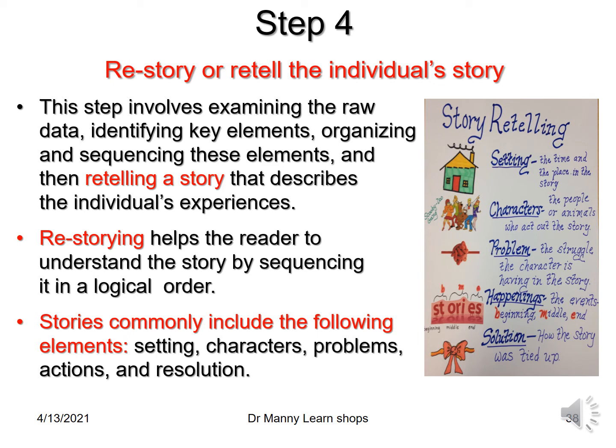In this process of restorying, it helps the reader to understand the story by sequencing that in a logical, systematic order. The stories commonly include the following elements: the setting or background, the characters, those participants involved, the problems, the actions taken, and what was resolved, the resolution.